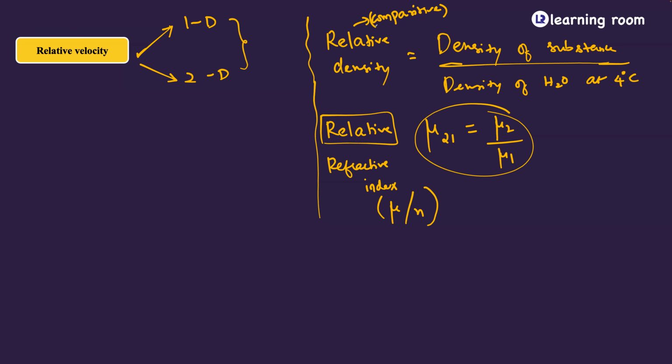When you talk about relative density, you compare the density of a substance with the density of water at 4 degrees Celsius. Similarly, with relative refractive index, you compare the refractive index of one medium with respect to another.